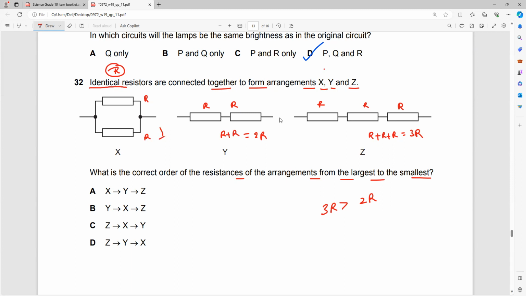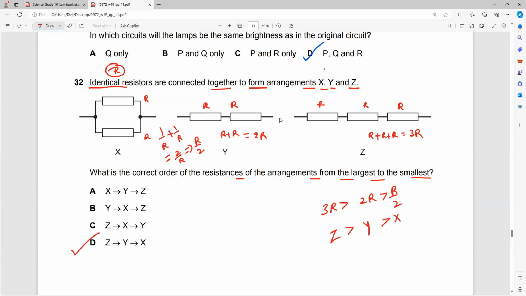So for R and R, 1 by R plus 1 by R equals 2 by R, whose reciprocal is R by 2. Is it okay, guys? So that is R by 2. Am I audible, guys? So Z is greater than Y is greater than X.